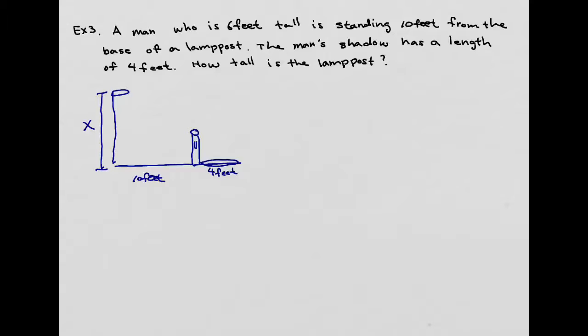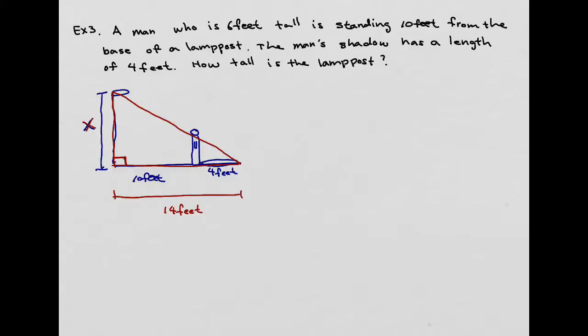This is a problem where I can use similar triangles. The first triangle that I'm going to use is the triangle of the lamppost. So this is the first triangle, and it has the right angle right there, and the length of 14 feet.